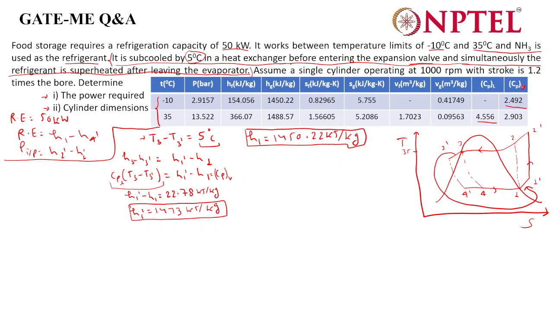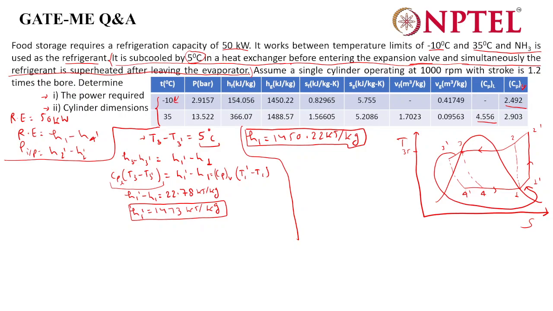Okay. Cp of vapor, and here T1 dash minus T1. Everything you know, just simply let me know the value of T1 dash. What is T1? T1 is this. Keep this in Kelvin.